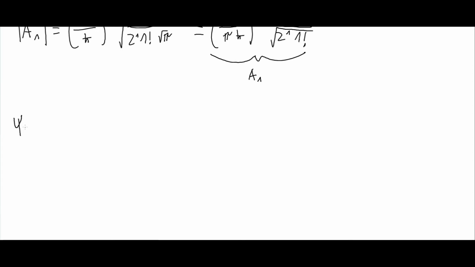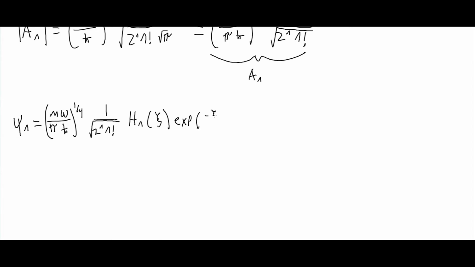And so what we end up with is the nth wave function is equal to m omega over pi h bar, and that is the fourth root, times 1 over 2 to the n factorial square root times H_n of xi times the e to the minus xi squared over 2.